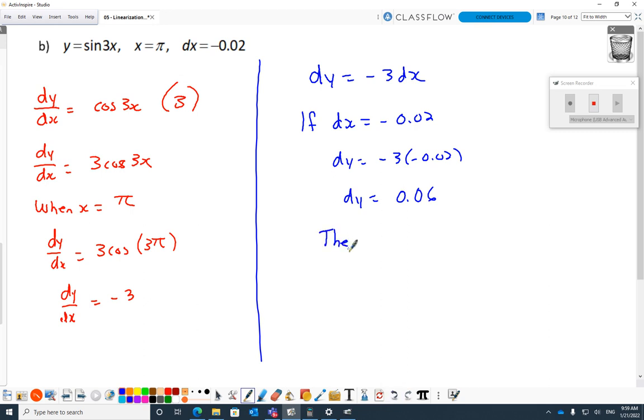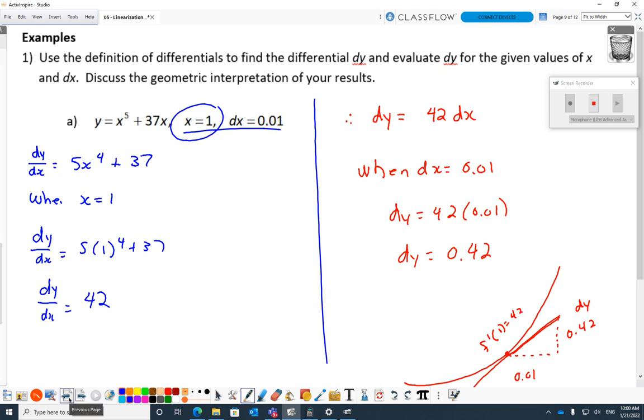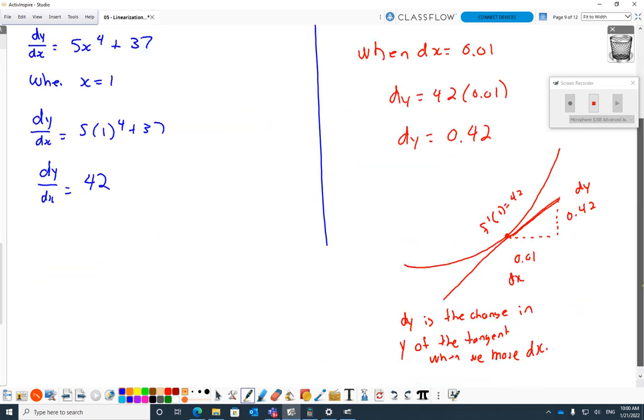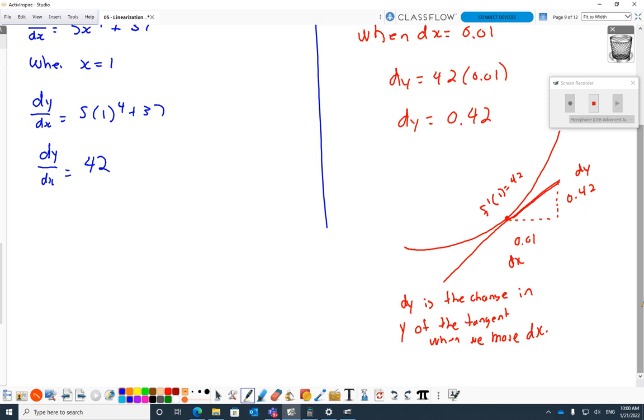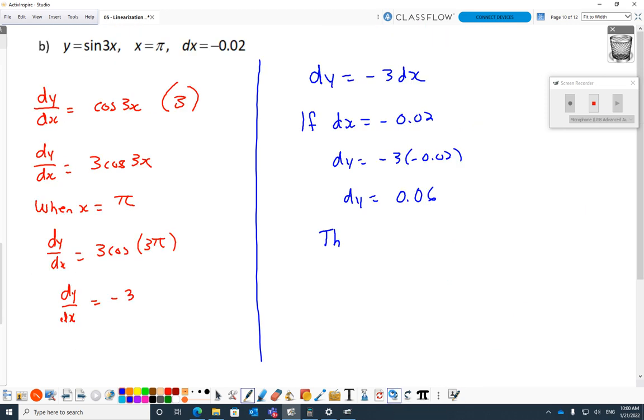I want to use the same words I did in the previous one. What did I say? It was a great sentence. I was so proud of it. Oh, dy is the change. Okay, I started with dy. Okay. dy is the change of y of the tangent when we move dx.